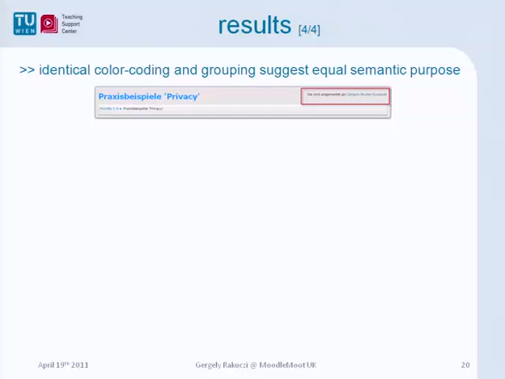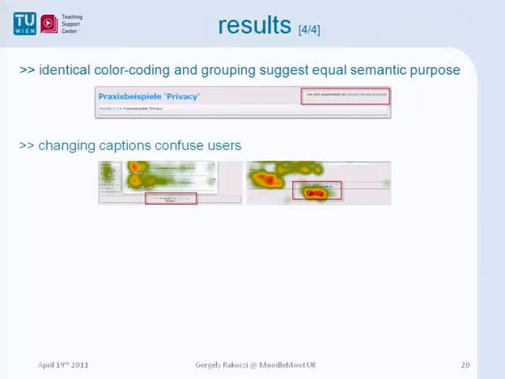And as a tip, as a hint for you, if you have the possibility to color code this yourself, please change it to a different one, because if you have the same color, the students assume that they have the same functionality. So, also changing captions here at the bottom of the page.